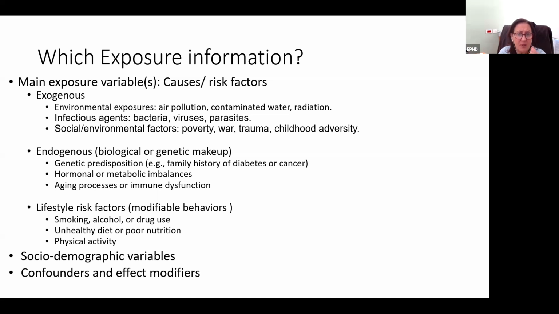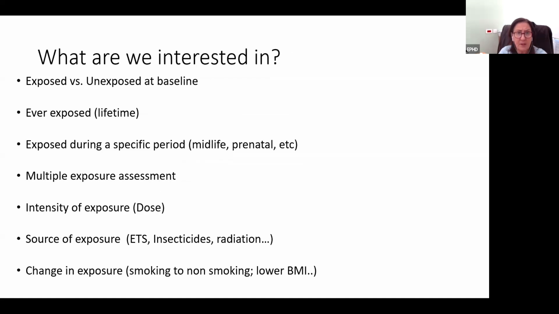All these are social and environmental exogenous factors. Then endogenous, biological or genetic, or lifestyle factors, which are the modifiable risk factors, in addition to socio-demographic factors and confounders. So these all make up the exposure information we collect at baseline.